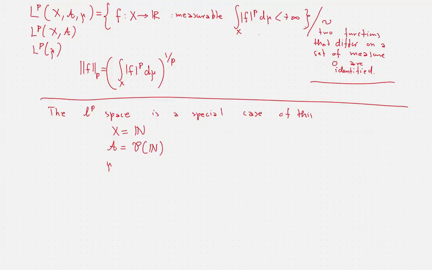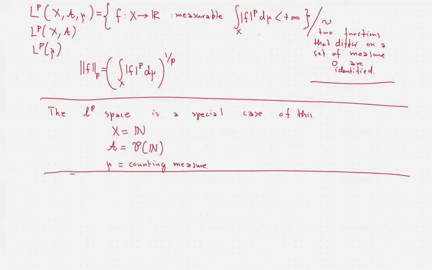So it assigns to any subset of N the number of its elements. Of course, if it's an infinite subset, then it assigns the quantity infinity. So the discussion of the l^p spaces is included in the discussion of the L^p spaces. And that's the amount of details that we would like to give for this particular example.